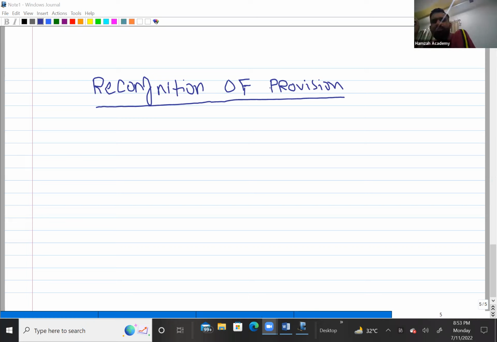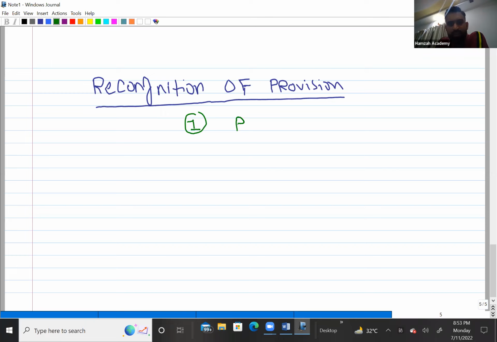Okay. Now, the recognition of provision: when a provision should be recognized in a financial statement. In the recognition of a provision, we have criteria, and I will describe that criteria in 3 lines. A provision will be recognized if and only if all these 3 conditions are satisfied.